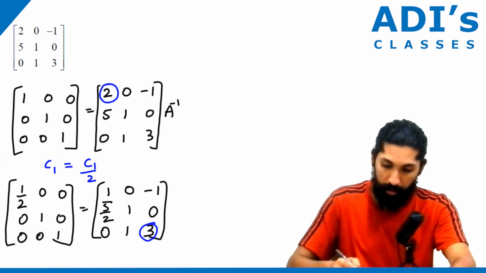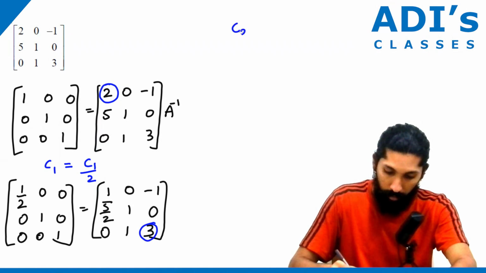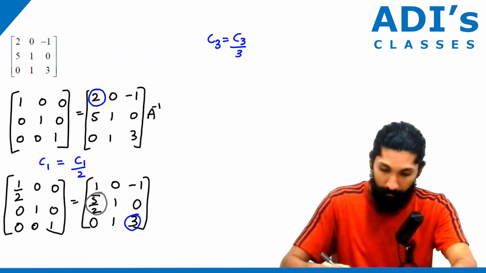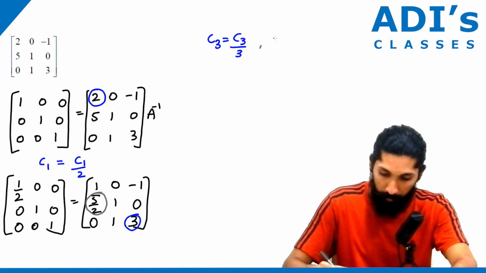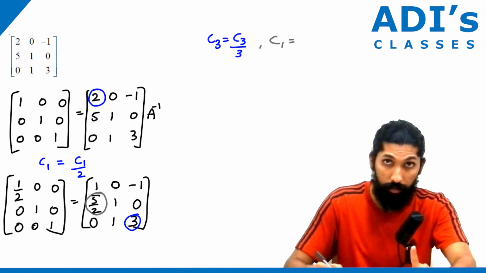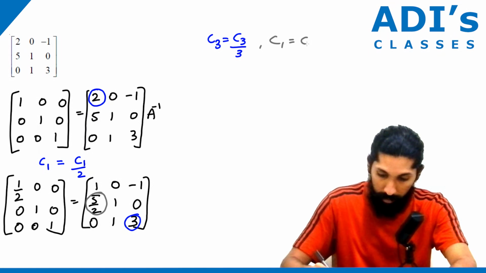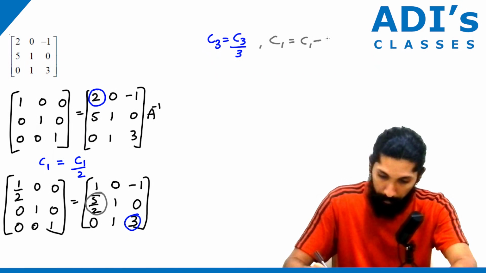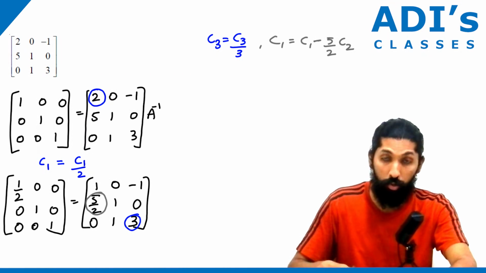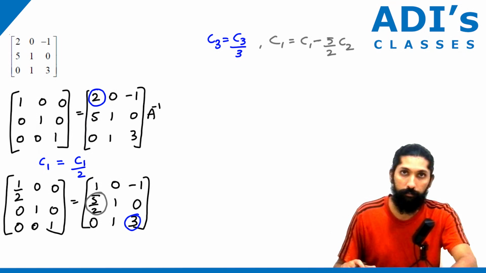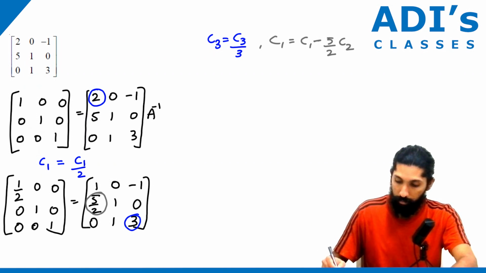For that, the operation becomes column 3 is equal to column 3 divided by 3. Correct? So column 1 is equal to column 1 minus 5 by 2 times column 2. So 2 operations we'll do together. Alright. Now let's do this one.